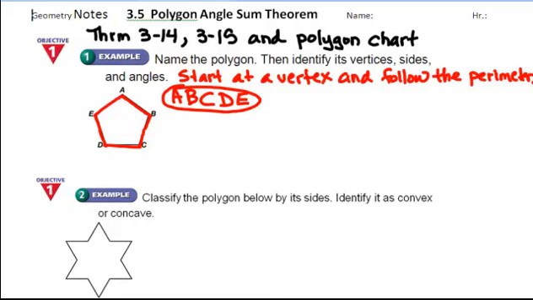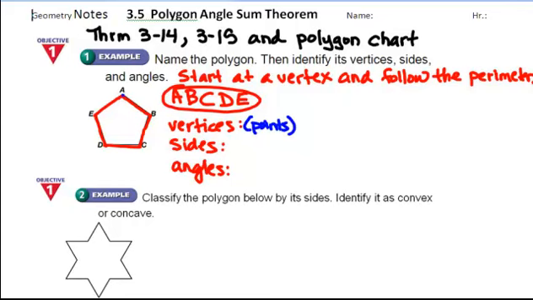It also says identify the vertices, the sides, and the angles. Okay, vertices are the points. And so this is a point.